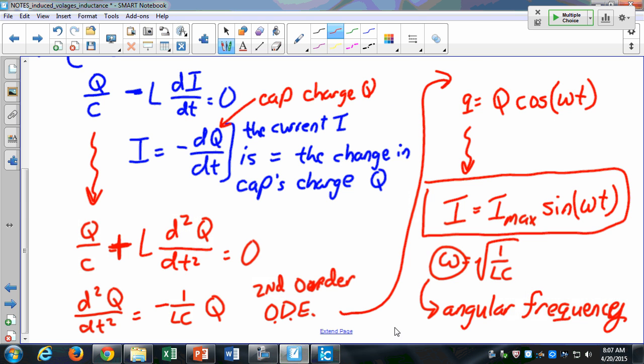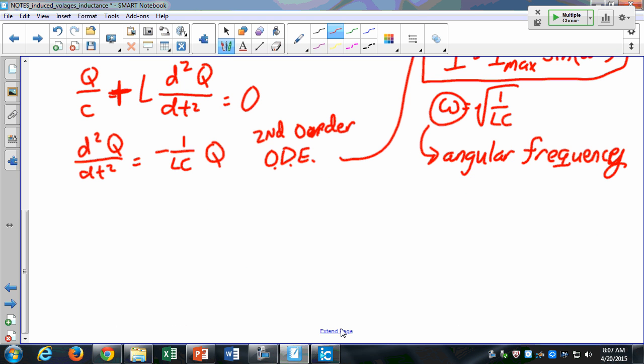You have some homework problems where this comes up. But the angular frequency is related to your regular frequency, f. That regular frequency is just omega over 2 pi. Remember, this is the number of oscillations in a given time.